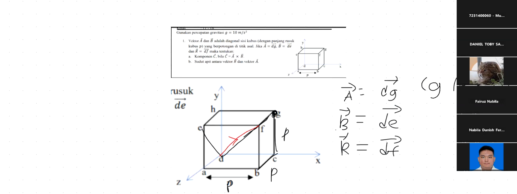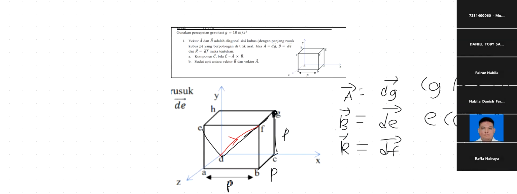And for point E, E would have 0 on the X, P on the Y, and P on the Z, while point F is P, P, P.